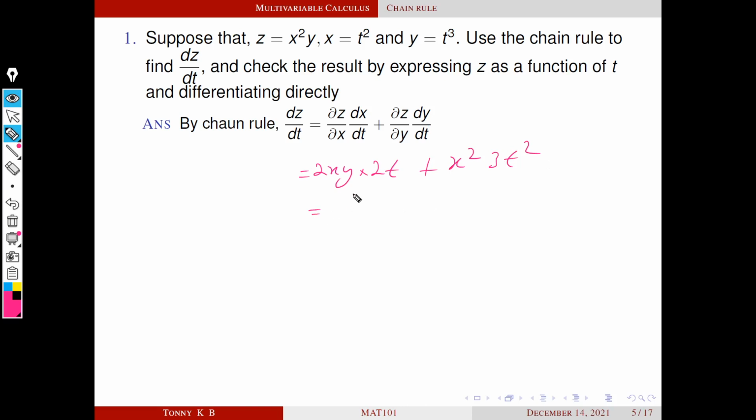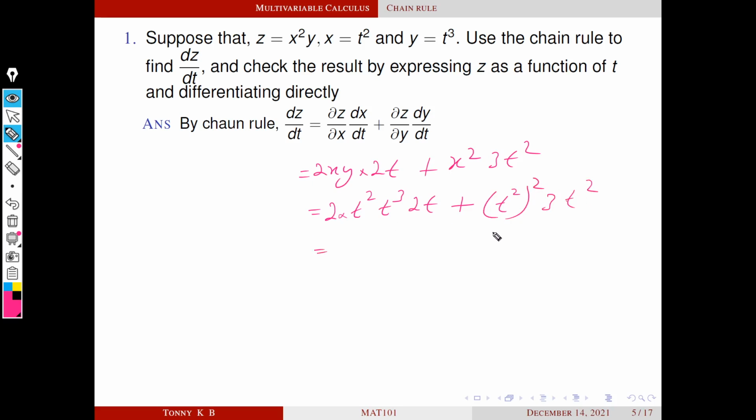So actually we have to find this derivative in terms of t. So we have to convert everything in terms of t. Okay. So we have to convert x, y, everything in terms of t. What is x? X is t square. So 2 t square, y is t cube, into 2t, plus x square, that is t square whole square, into 3t square.